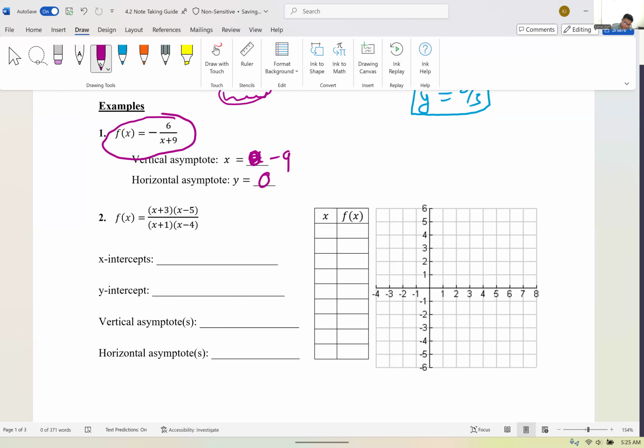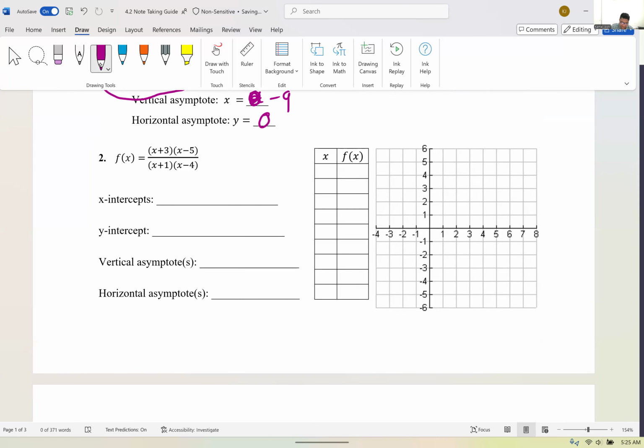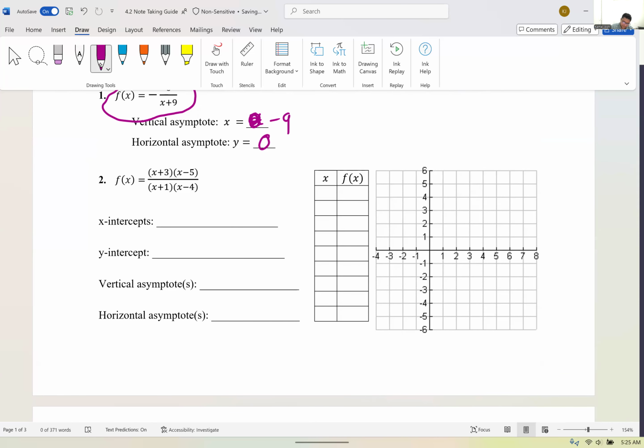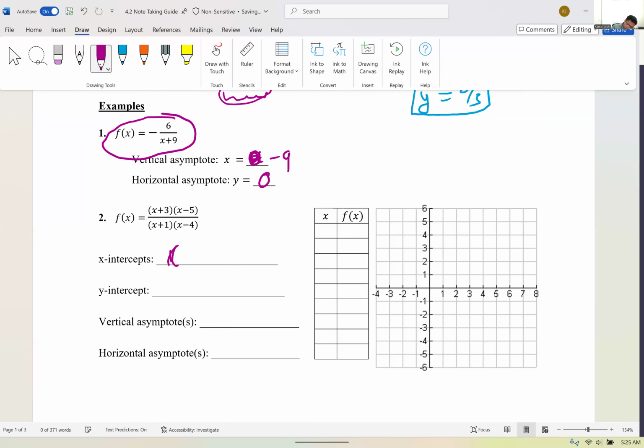Let us look at the second one: x plus 3 times x minus 5 divided by x plus 1 times x minus 4. So your x-intercepts will happen at, now if I want to write as a point, sorry, my bad.